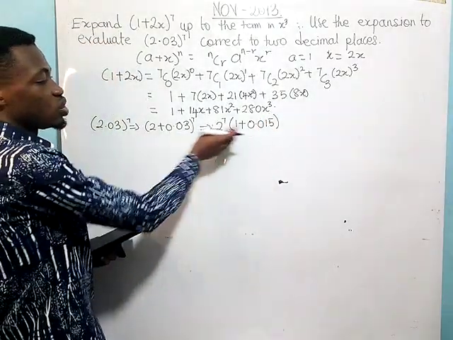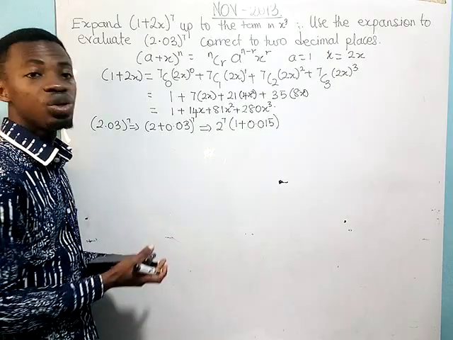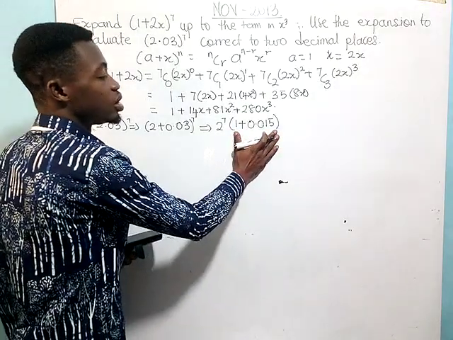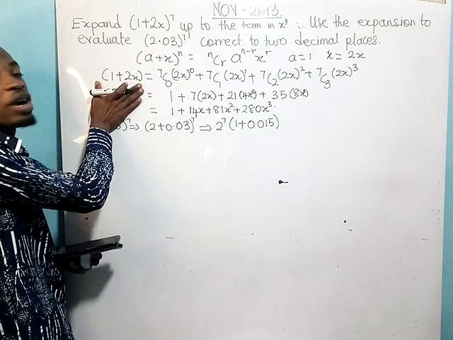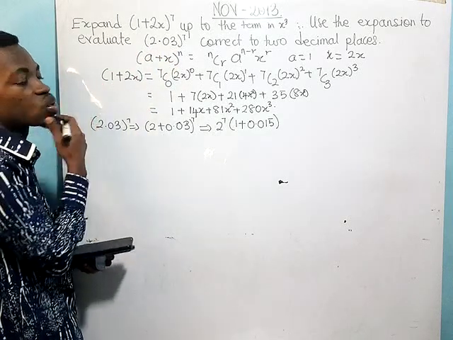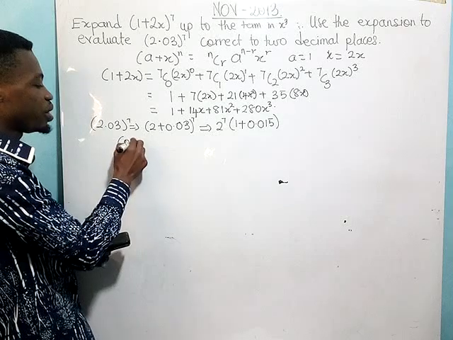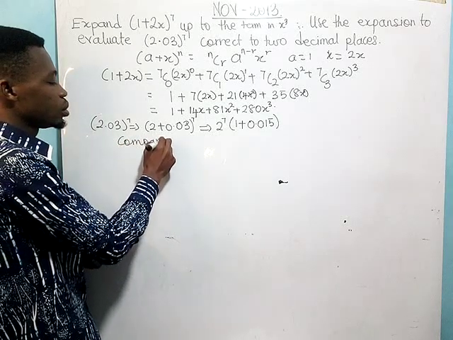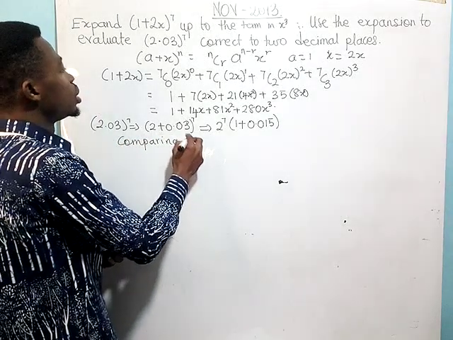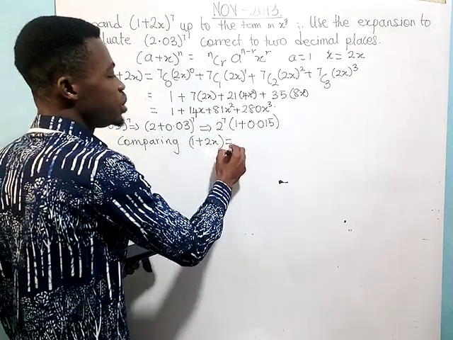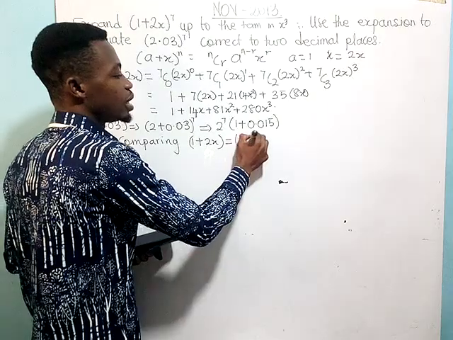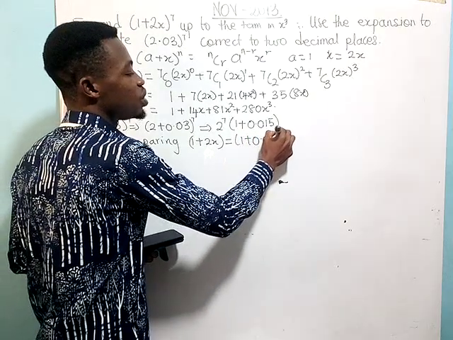So we factorize 2 out. So now we are going to compare what we have over here to the first part of the question. So when comparing, we have 1 plus 2x should be equal to our 1 here plus 0.015.